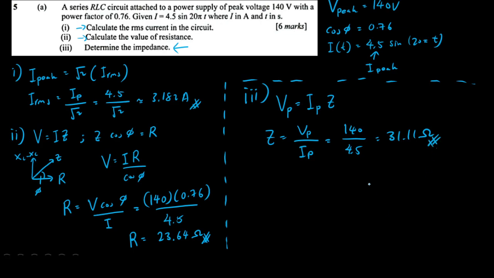That is 5a. Now for the last of the last, we have the last part of question 5, which is 5b. Let's calculate. An inductor is connected in series to an AC voltage supply of 30 volts and frequency of 60 hertz.